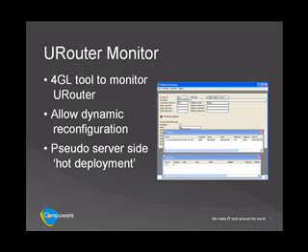The URouter monitor is a 4GL tool written in Uniface that allows you to monitor the state of the URouter, the connected clients, and the pool of UServer processes that the URouter is managing. It allows for dynamic reconfiguration and a level of hot deployment on the server-side UServer processes.